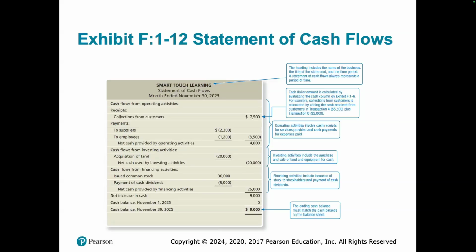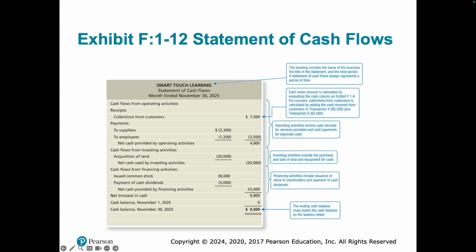And so let's look at the first thing we do, right? Cash flows from operating activities. We have receipts, so collections from customers, this is our revenues, right? Throughout the transactions, we collected $7,500. Now, this is total cash, so we don't have accounts receivable here.